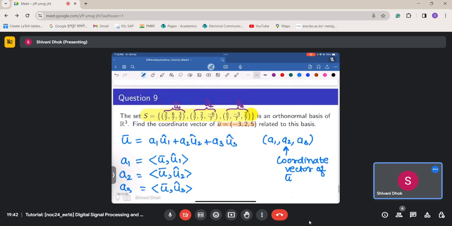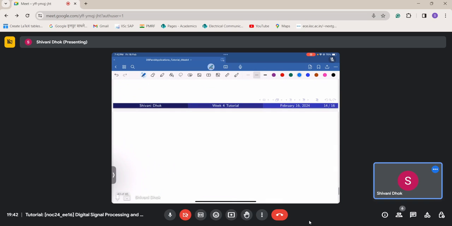Okay, so let us find A1. This is the projection of U bar on U1 cap. What is my U bar? U bar is minus 3, 2, 5, and U1 cap is 2 by 7, 6 by 7 and 3 by 7.